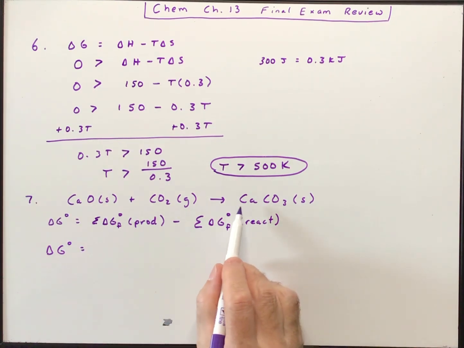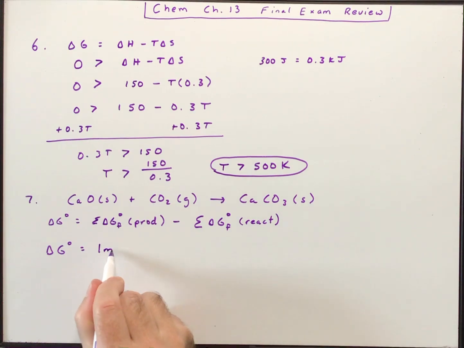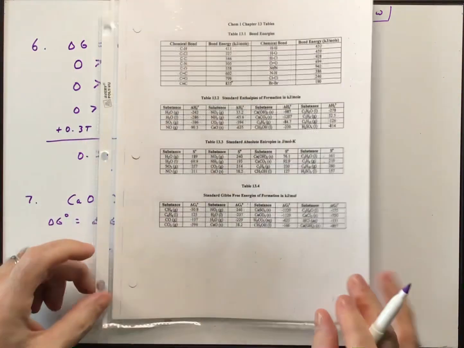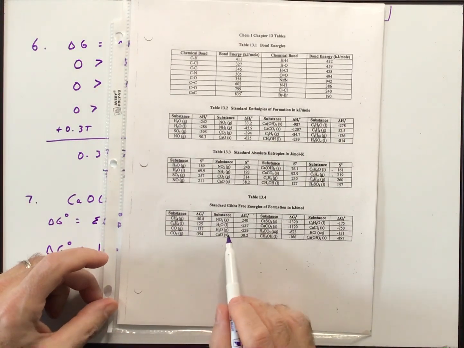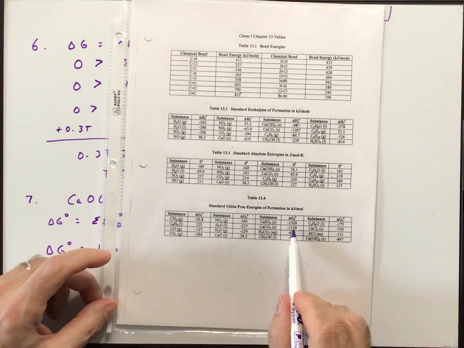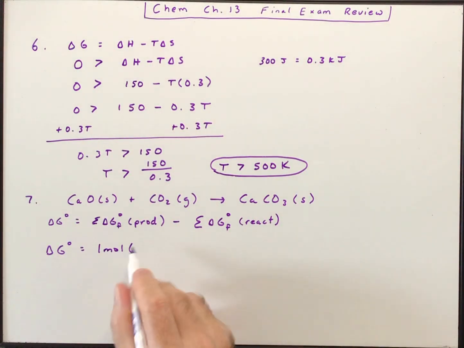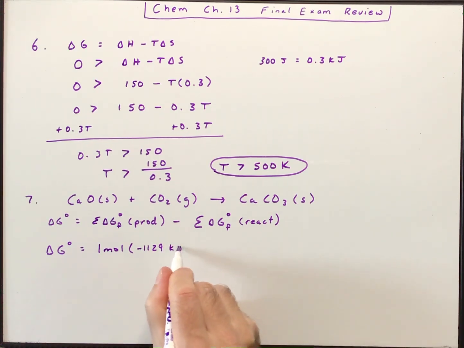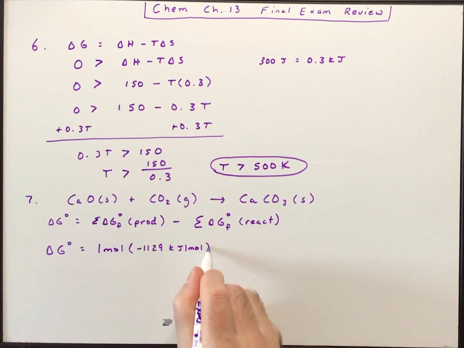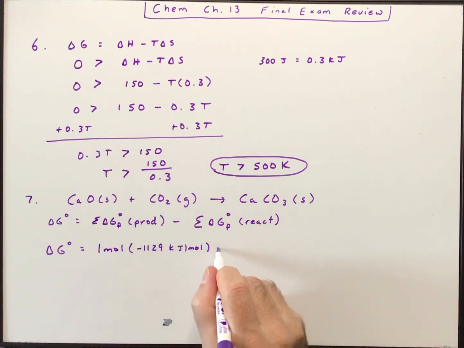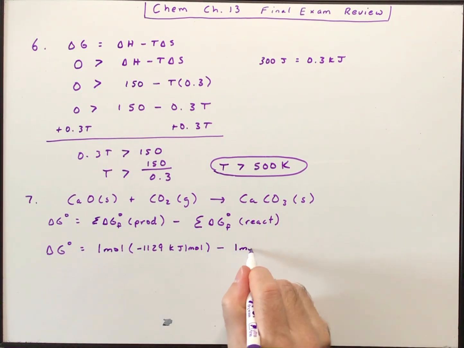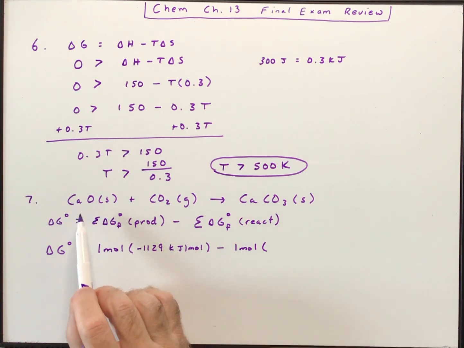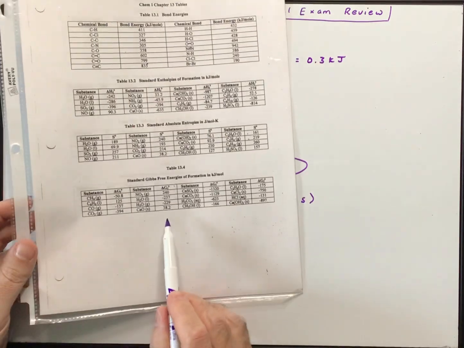Okay, so we're going to start with the products. We have 1 mole, and we're going to look in table 4 for calcium carbonate, CaCO3. It's right there, so it's negative 1129. And that's kilojoules per mole. Going to subtract out 1 mole, and then CaO solid, if you look in your table, is at 38.2.